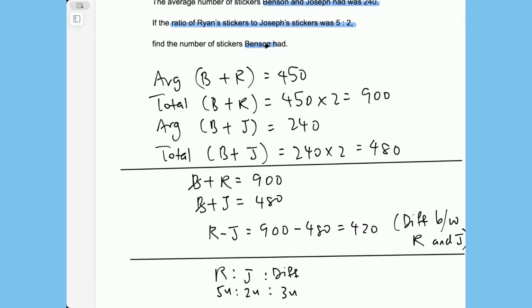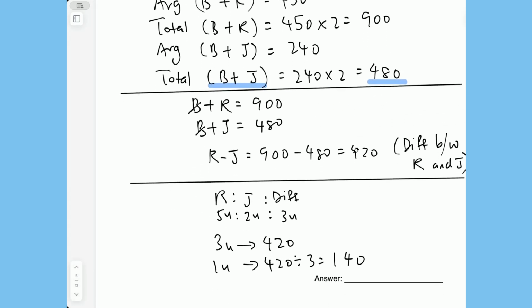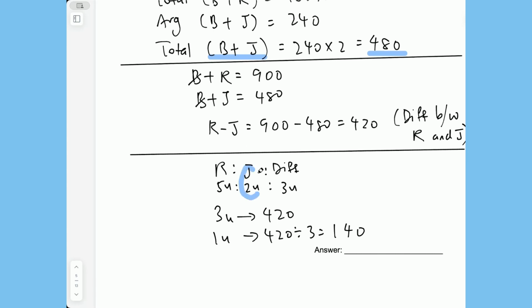We want to find the number of stickers that Benson had. So what we can do is make use of this number that we have. Benson plus Joseph is 480. So here we find what is Joseph.